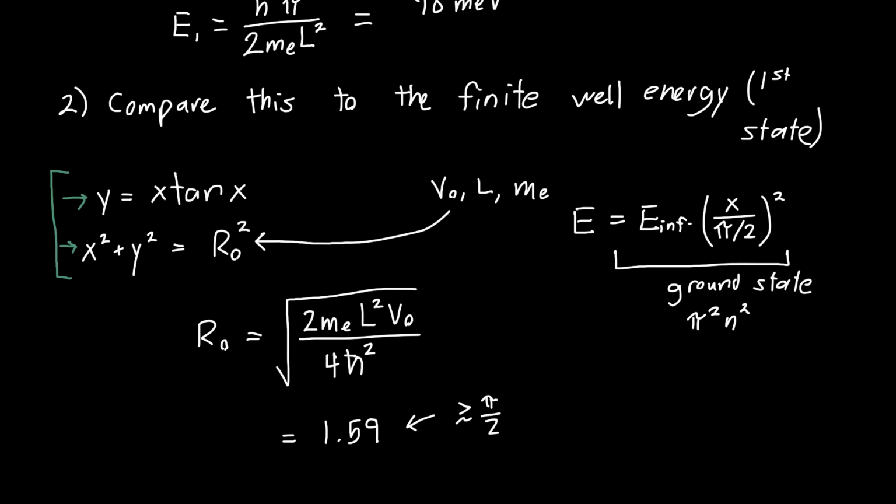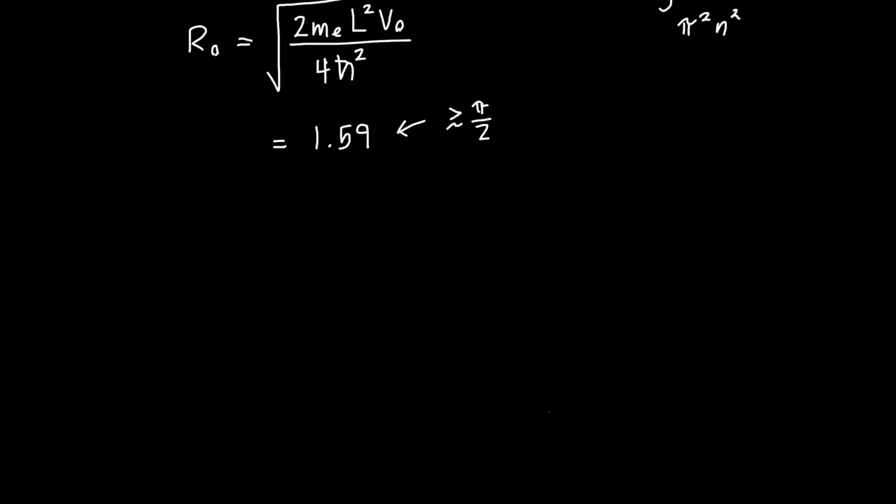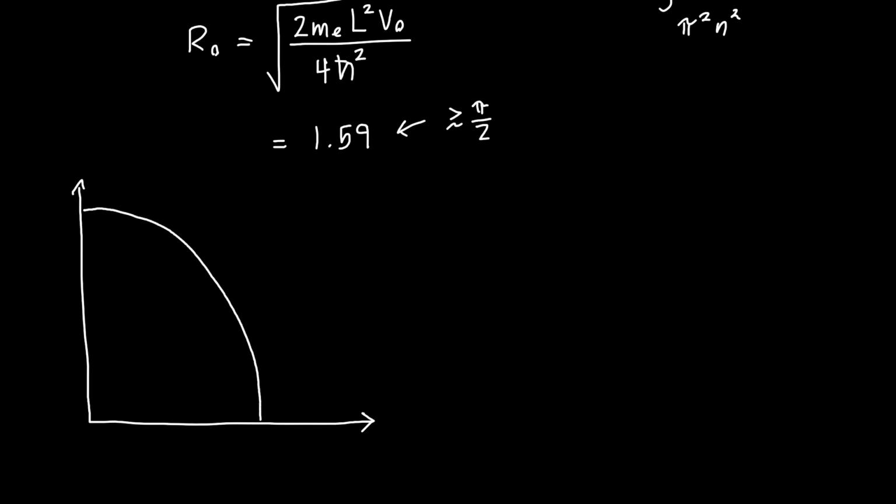And so now we actually want to plot this. I plotted this in Mathematica to solve this problem, but you can use whatever plotting software you like. The plot should look roughly like this. We've got a circle of radius 1.59, with the y-axis and x-axis here.